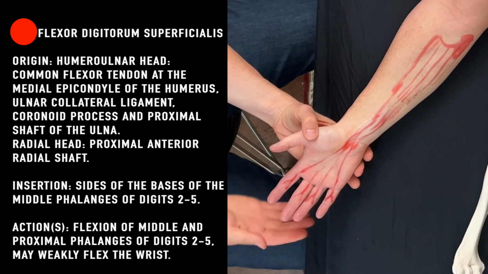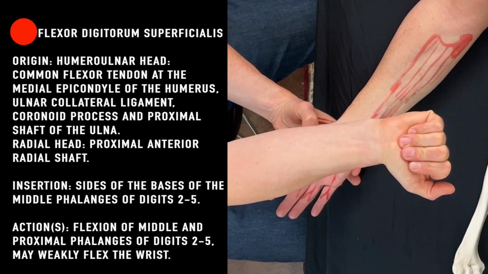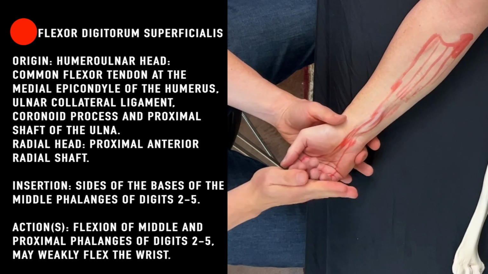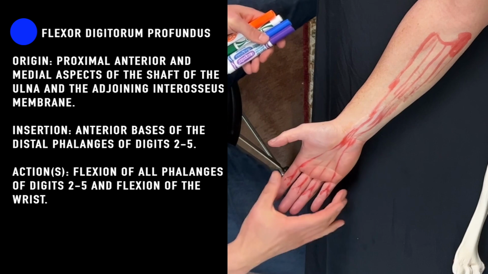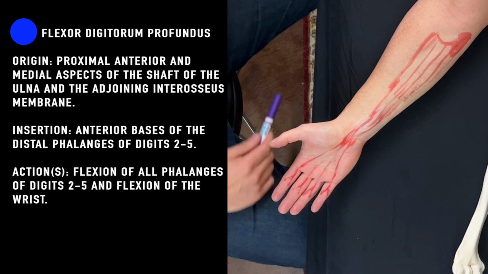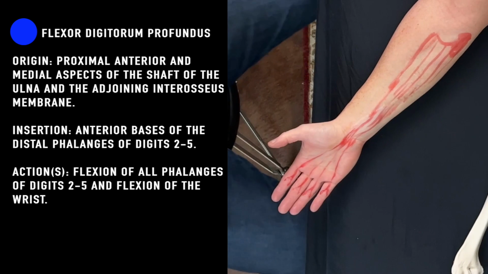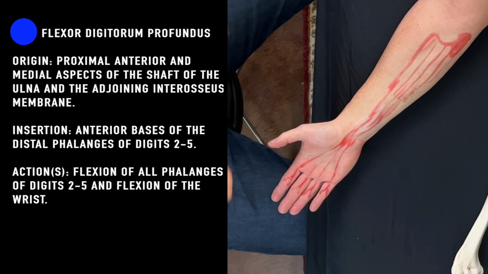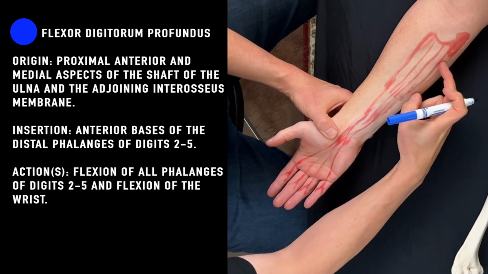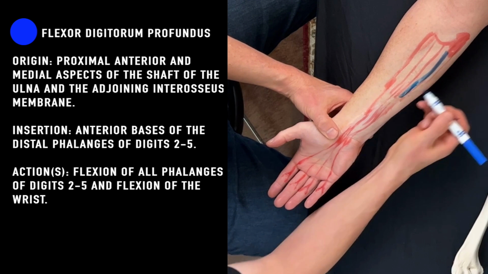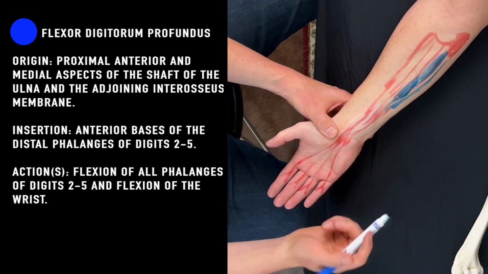The flexor digitorum superficialis will flex the middle and proximal phalanges, making this shape, like so, and it will also flex the wrist. Just underneath the flexor digitorum superficialis is the flexor digitorum profundus, which attaches all along the proximal anterior medial shaft of the ulna, basically just underneath and beyond the flexor digitorum superficialis.